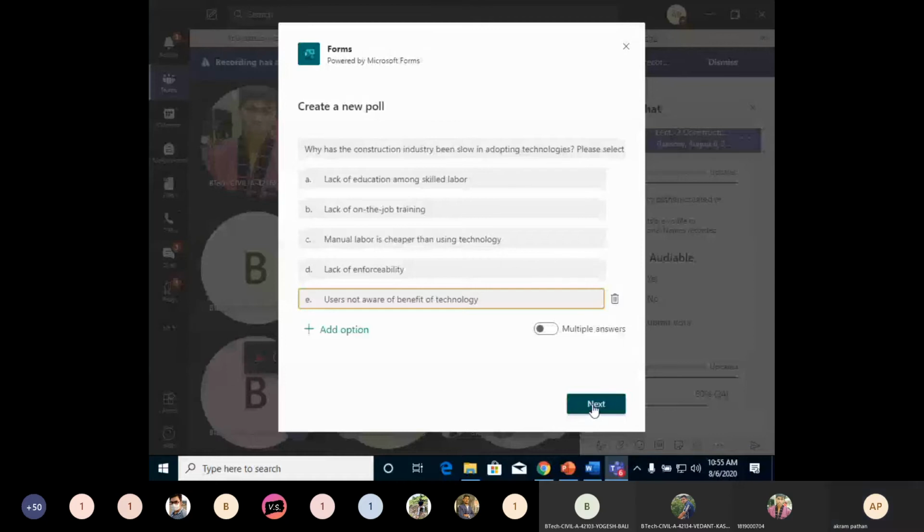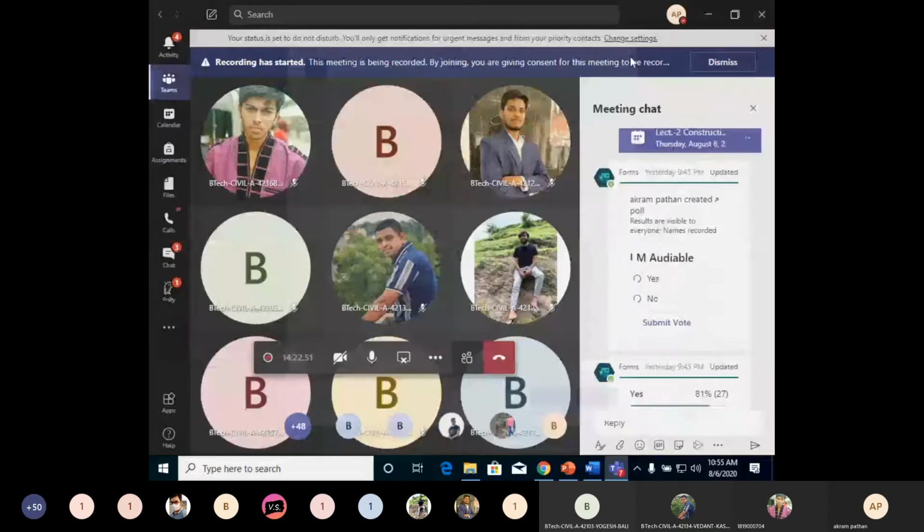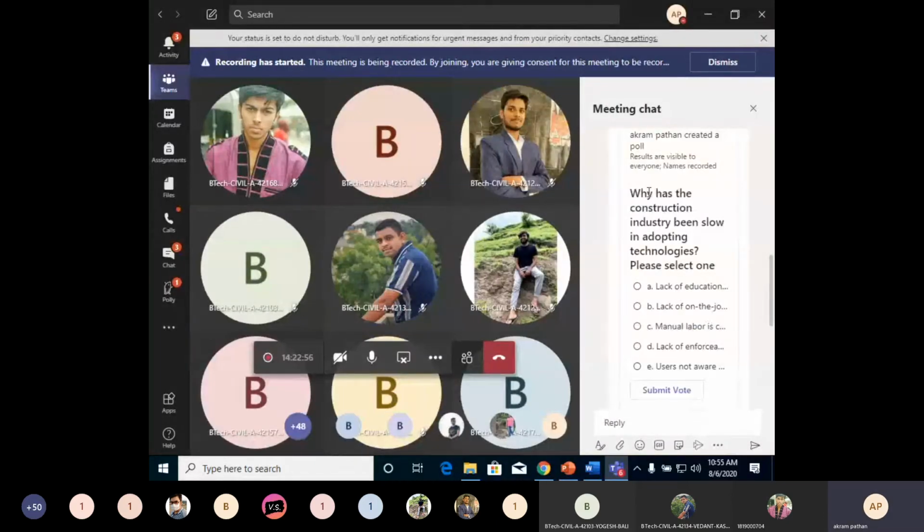So I request you, please mark the correct answer and submit your vote. I request all the students, please submit your answer.